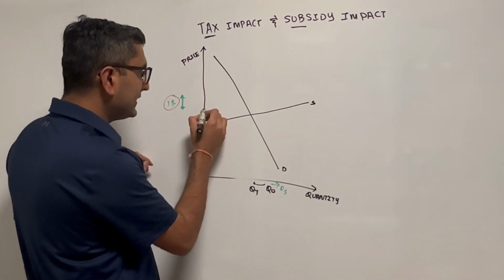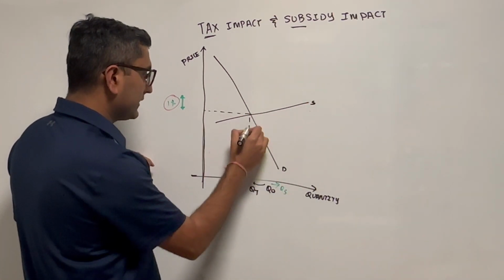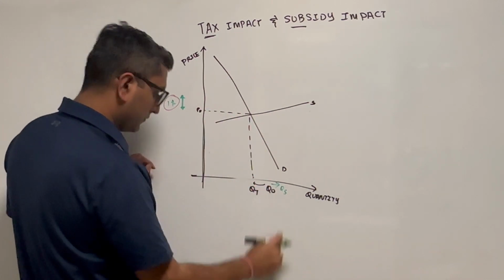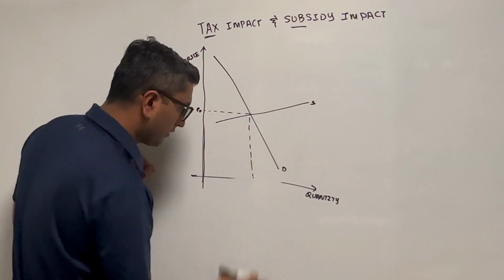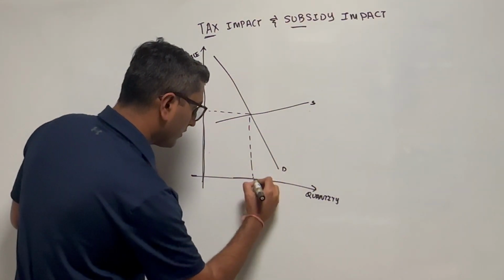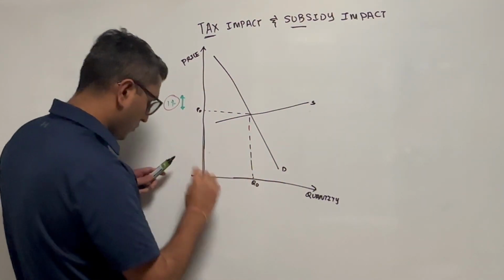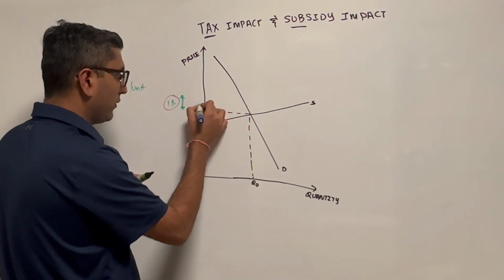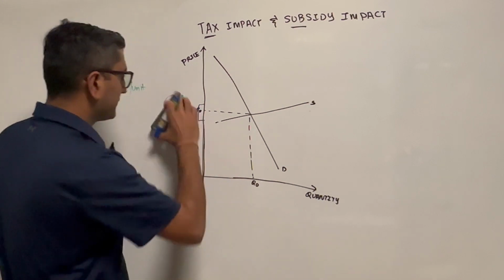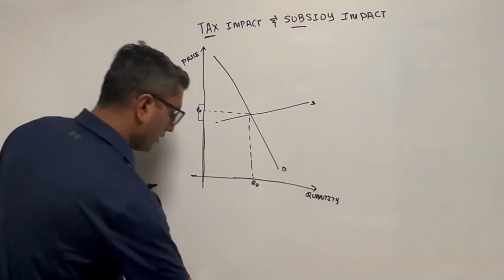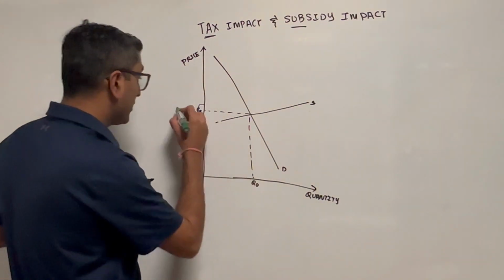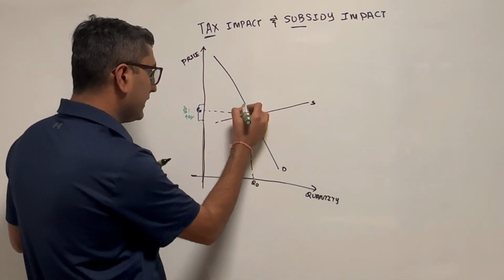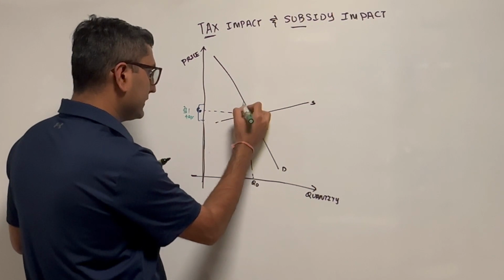So in this case, the clearing price was this, yeah, P0, Q0, and with $1 tax, let's assume this is that $1 tax. We start to see that that's going to be something like this, yeah?